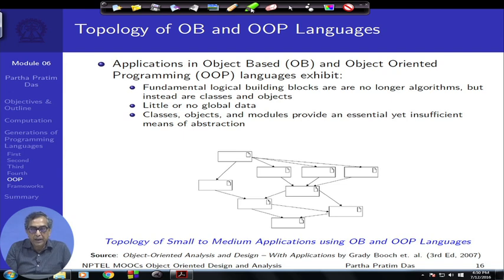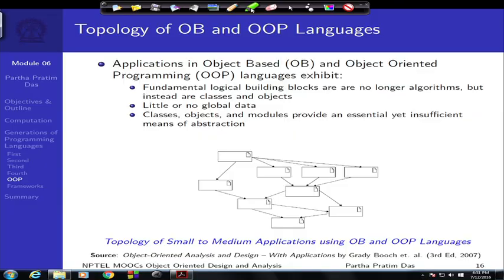One typical characterization is that a language is called object based if it supports the basic concepts of object orientation like abstraction, encapsulation, modularity and so on, but if it fails to support inheritance, specialization, then it is typically called object based. You will understand this difference more as we go forward. Other languages are called object oriented programming languages.